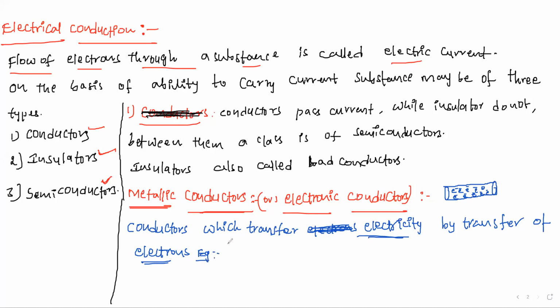Examples: metals like copper, Ag, and aluminum, etc. Non-metals like, can you give the examples for non-metals?